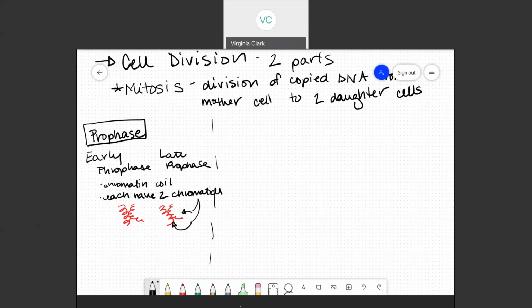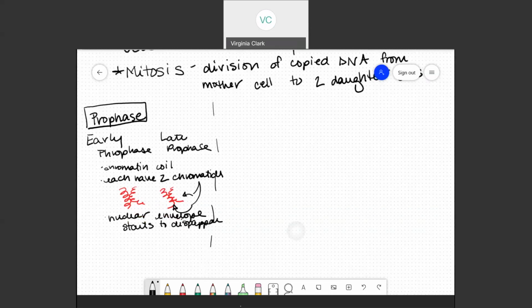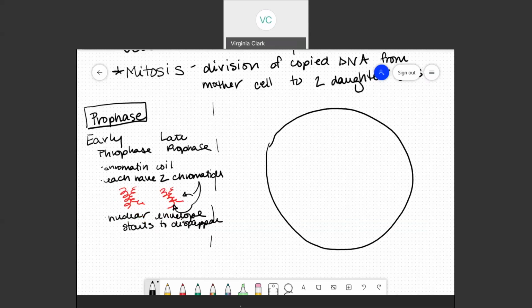And then what's happening here is that you will start to see, in this prophase phase, your nuclear envelope start to break up. So your nuclear envelope starts to disappear. And as that nuclear envelope starts to disappear, what you will see is, I'm going to draw it right here. So here's the outside of my cell, my plasma membrane.